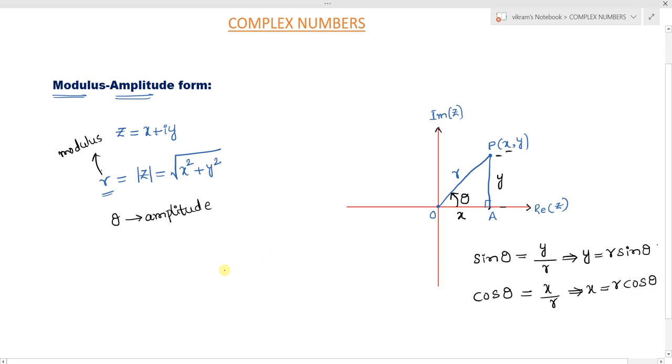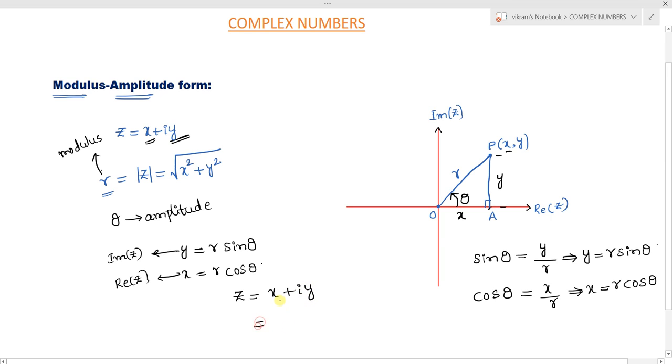Now y is the imaginary part of the complex number, y equals r sine theta, where r is the modulus and theta is the amplitude, and x equals r cos theta, where x is the real part of the complex number.